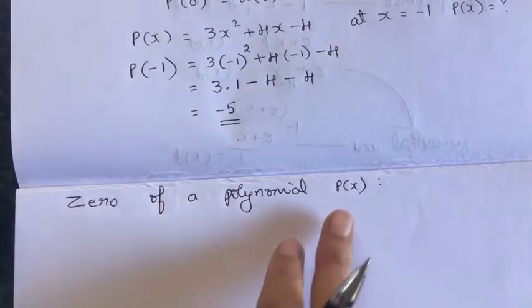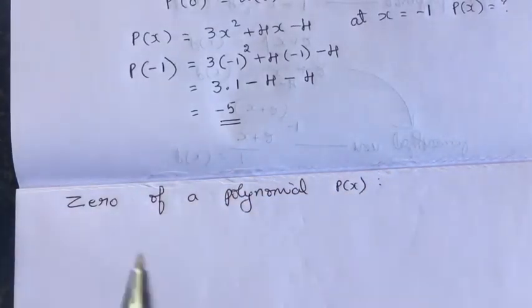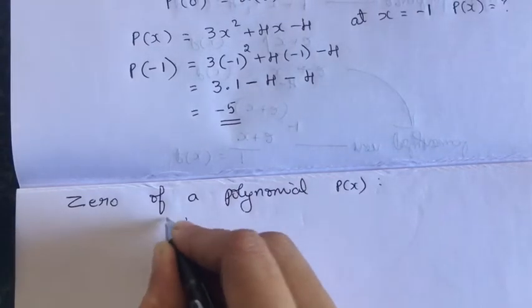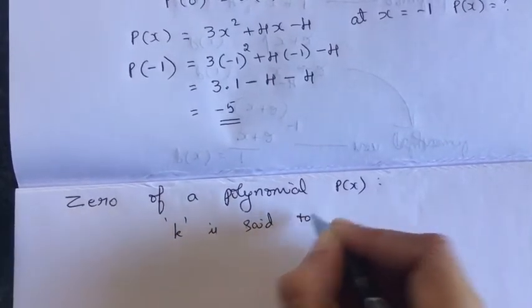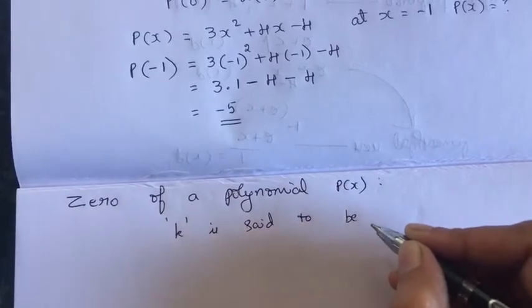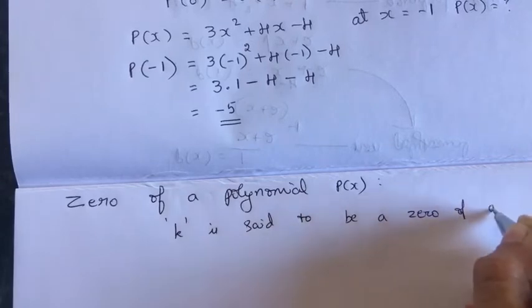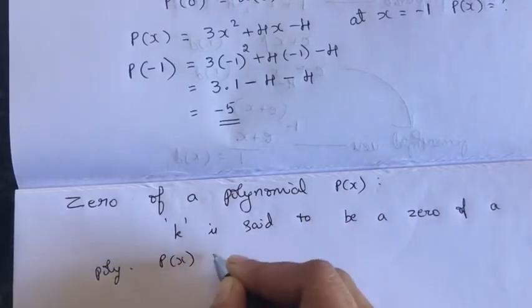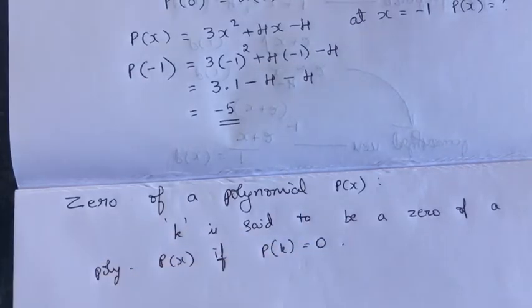K is said to be a zero of a polynomial P of x if P of k equal to 0.